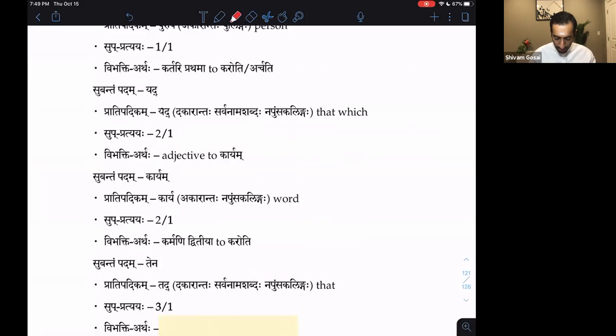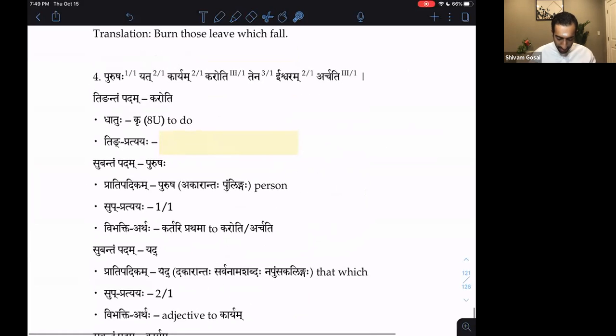So this is a typo, it should say work. Okay, so just note that. And it's karmani dvitiya to karoti. So far we have a person does which work, or which task. In English, we would maybe say task or job.